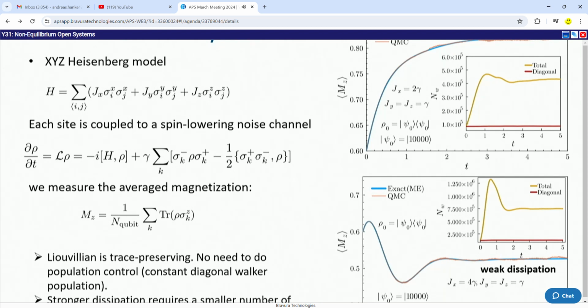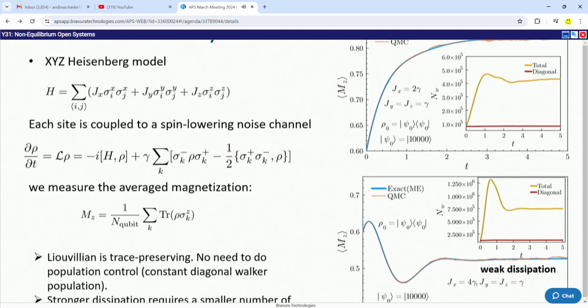And then if we increase our interaction strength a little bit, we could see some more interesting phenomena. We could also find a perfect agreement between the exact solution and the QMC. But in such a case, because we have introduced more coherence in our density matrix, we need a larger number of workers to capture the dynamics of our system.